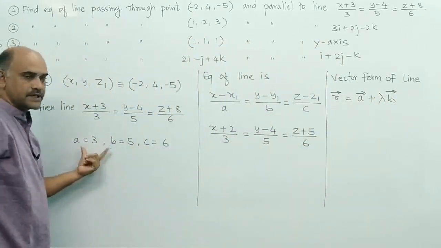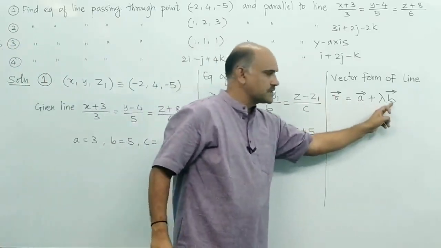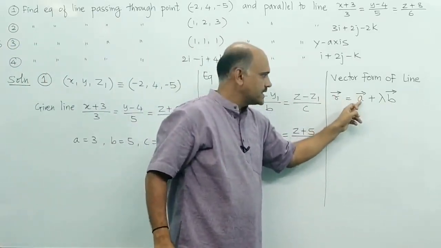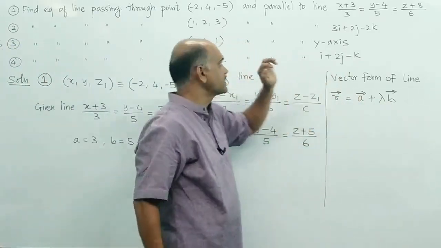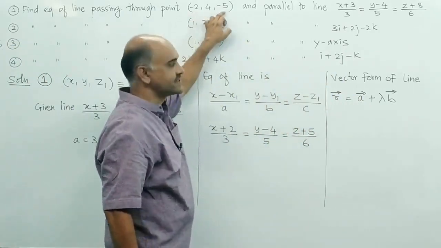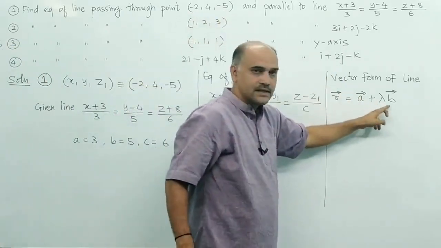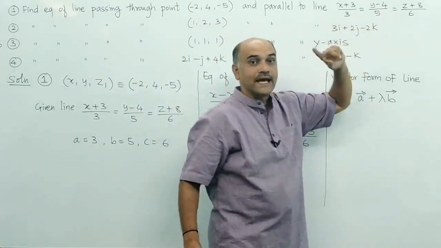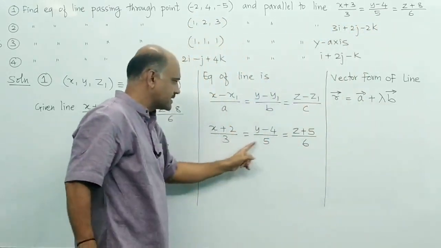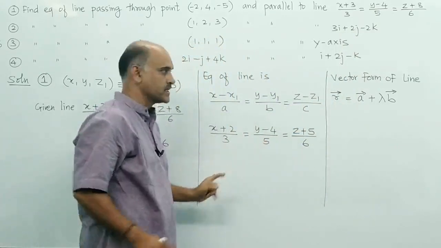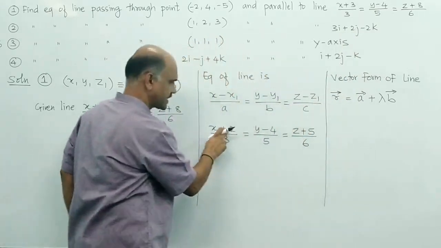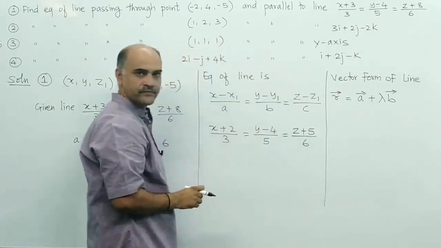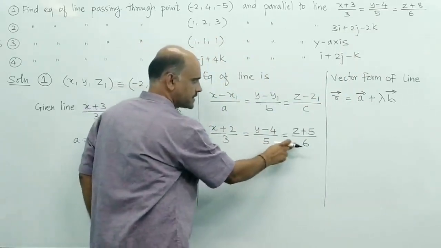Here A and B are different. Here A denotes the point passing through which, that is x1, y1, z1. B denotes the direction ratios of the line parallel to it, or this line's direction ratio. So A denotes x1, y1, z1, B denotes A, B, C.